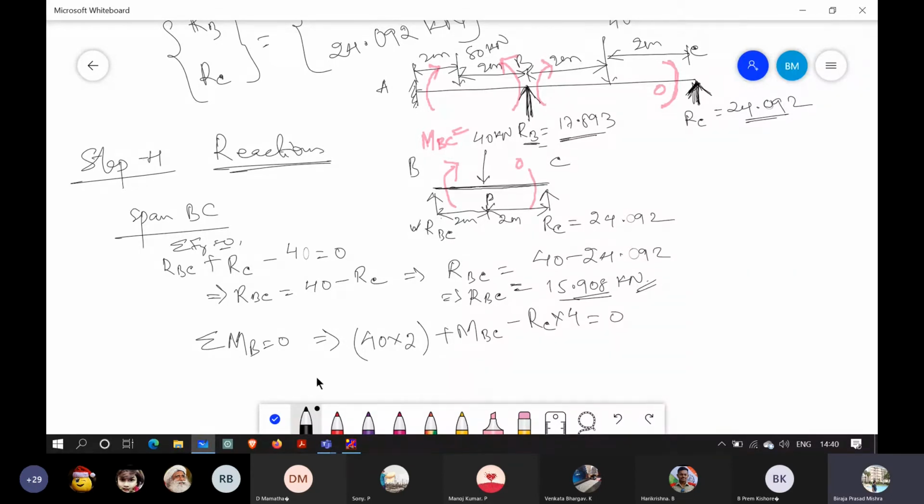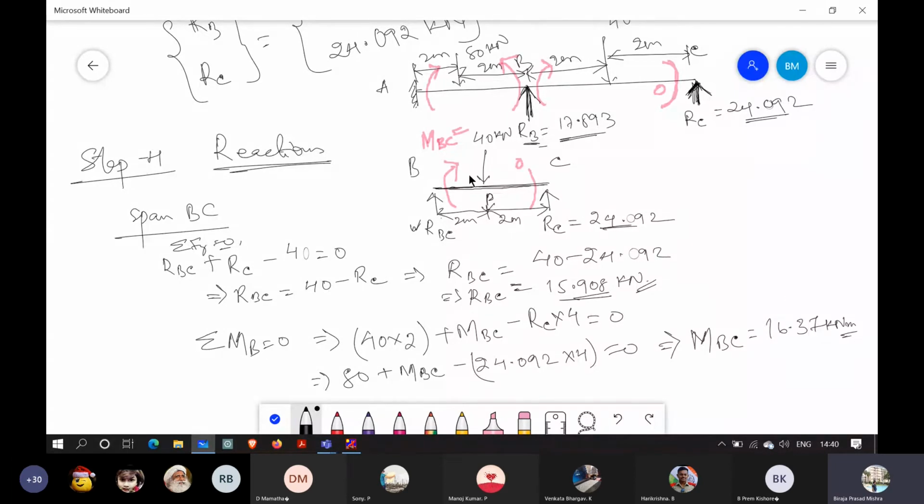So this implies 80 plus MBC minus RC, which is 24.092, into 4 equals 0. So this implies MBC will be how much? MBC equals 16.37 kilonewton meter.